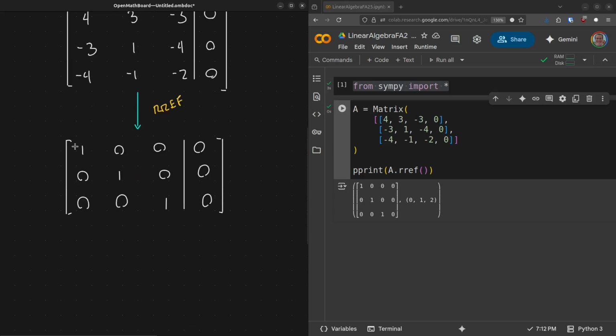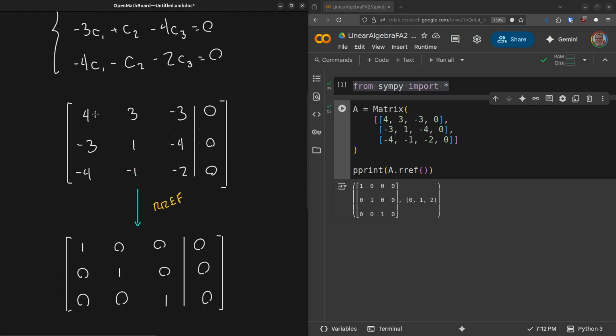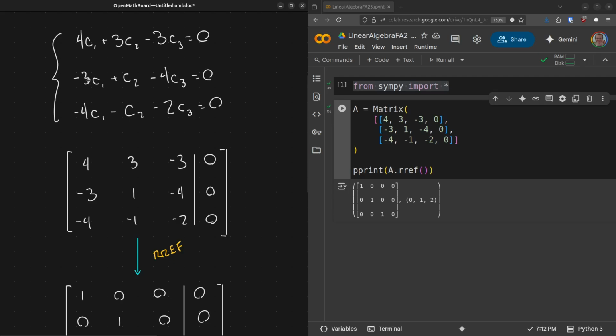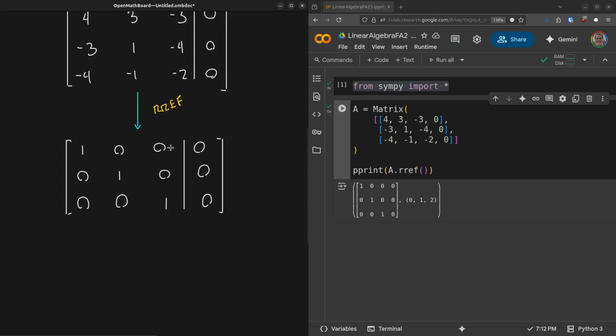Indeed, if we compare the variables, first column is for C1, second column is for C2, third column is for C3, right? So I could see that 1C1 must be 0. 1C2 must be 0. 1C3 must be 0. That means the only solution is the trivial solution.